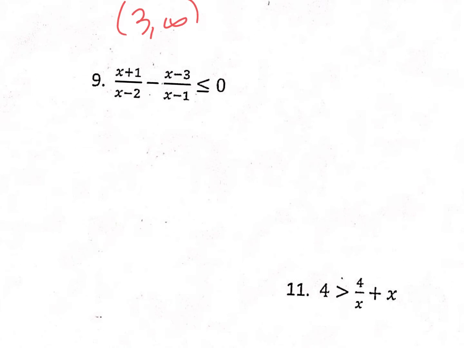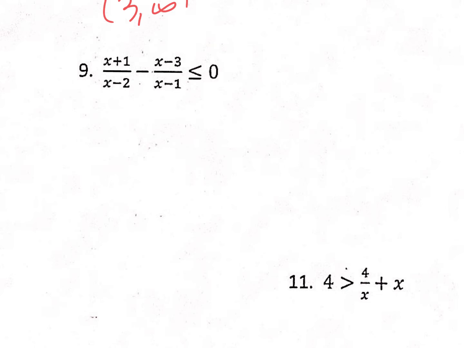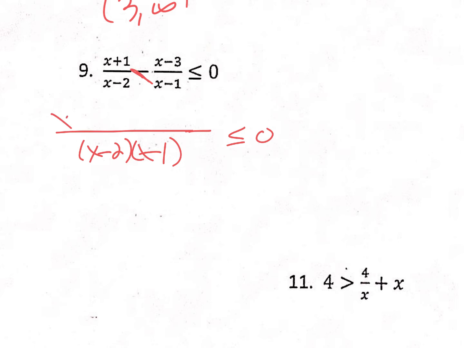Number 9. So when it starts getting fun here, we got to combine those fractions together. So I'm going to combine the denominators, x minus 2, x minus 1. Remember the little trick we talked about this week? When you combine or subtract fractions, you can just cross multiply. So I'm going to multiply this way, get x squared minus 1. Because I have a subtraction sign, I'm going to put minus, and I'm going to put a parentheses. I'm going to do FOIL. I'm doing first. I'm doing outer and inner together.